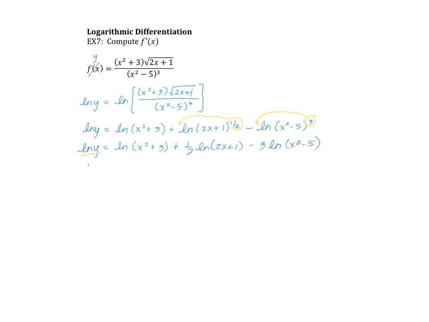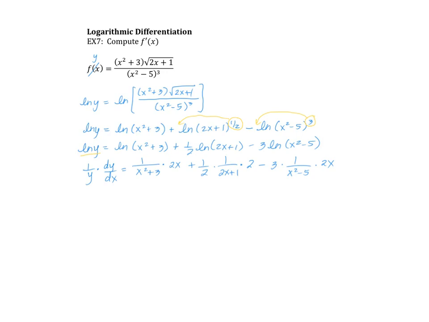If I take the derivative, it's 1 over y times dy dx equal to, and then when we take the derivative of natural log of x squared plus 3, it's going to be 1 over x squared plus 3 times the derivative of the argument, which would just be 2x, plus 1/2 times 1 over the argument, times the derivative of the argument, which is 2, minus 3 times 1 over the argument, times the derivative of the argument, which would be 2x.